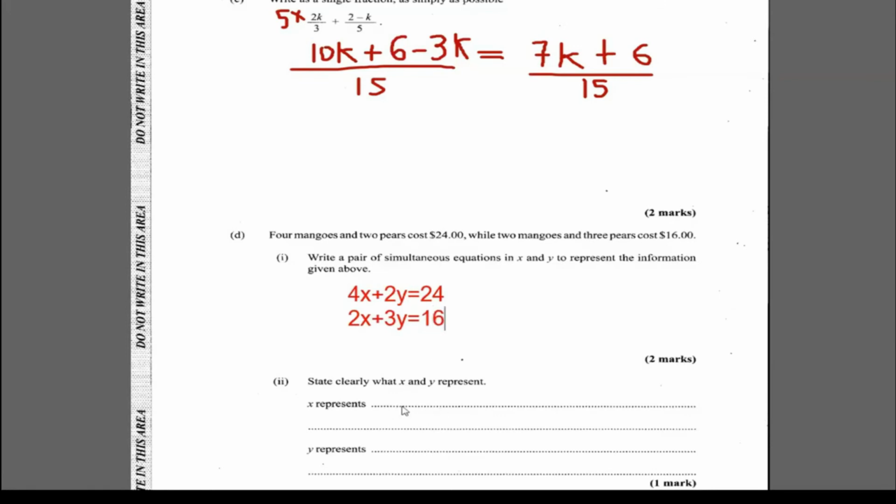State clearly what x is. X represents the cost of 1 mango, and y represents the cost of 1 pear. So that's what we're doing.